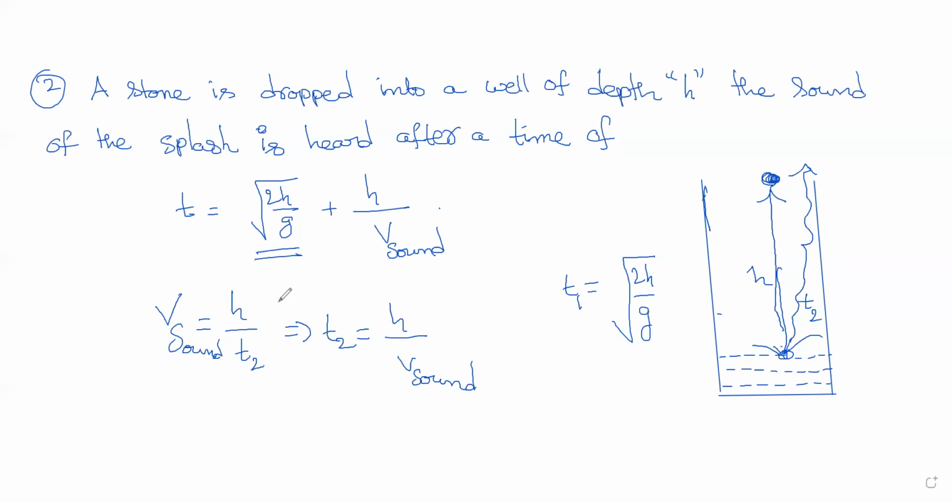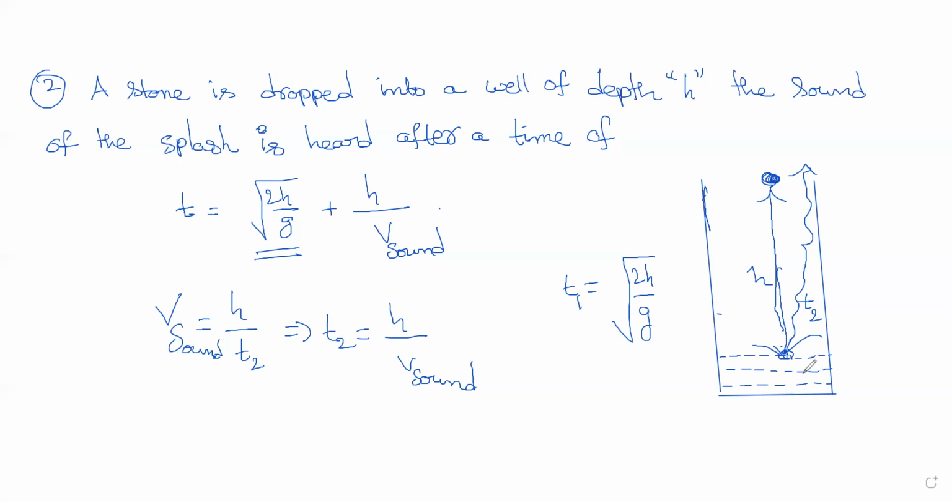So the time it takes, after you drop the stone into the water, the time after which you hear the splash sound is the question. So it takes the time for the stone to reach the water and the time for the sound to reach your ears. Both the things you have to calculate.